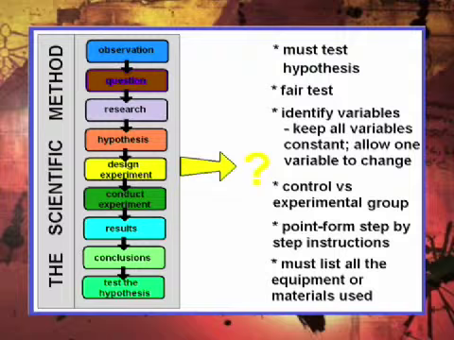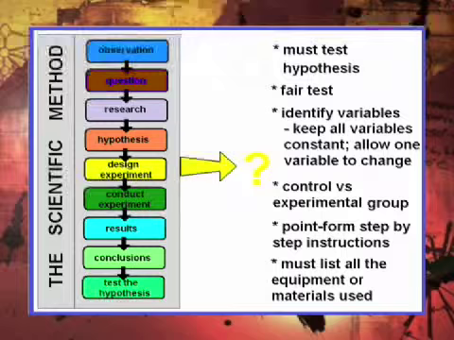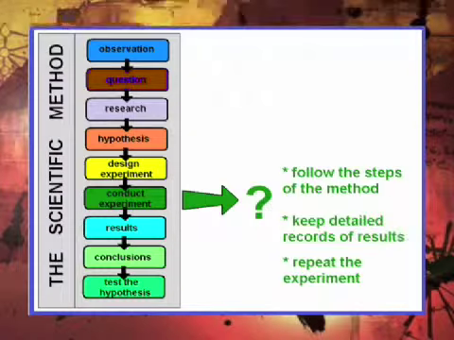You're going to write out your design in point form, and you obviously are going to list all the equipment that you need in order to accomplish the outcome. And once you've designed the experiment, well, you are ready to go on to conducting that experiment. And so you've got to follow the steps that you spoke about in your method.